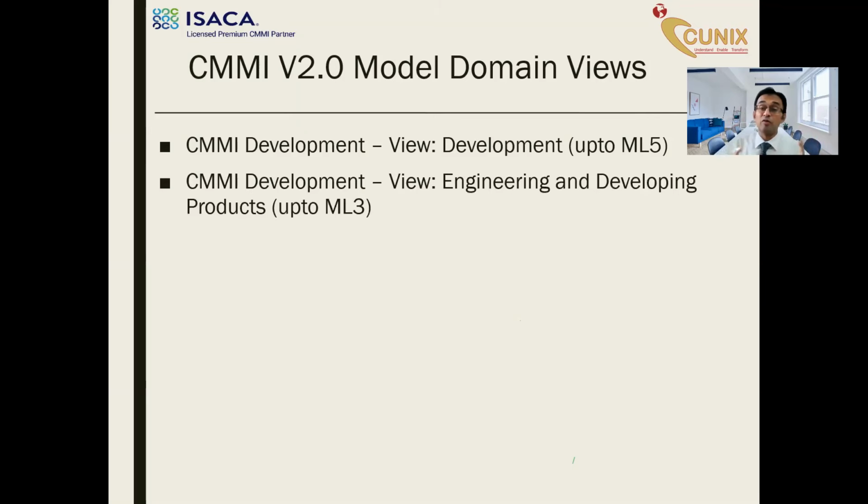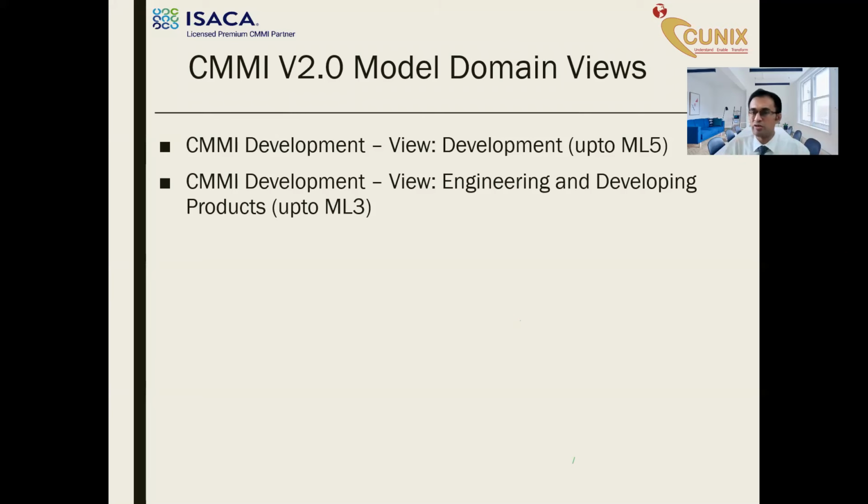Development with a view of only engineering and development. So now you want to focus only on the engineering processes in your organization: coding, designing, product integration, and only those kinds of processes. Then you can select the view as engineering and development. But then you get to target only up to level 3, simply because there are no high maturity practices for engineering areas.